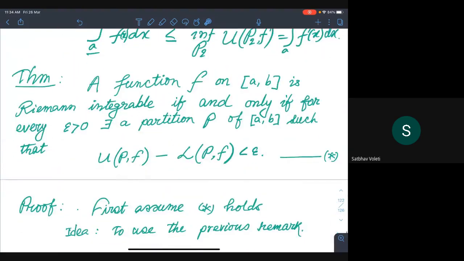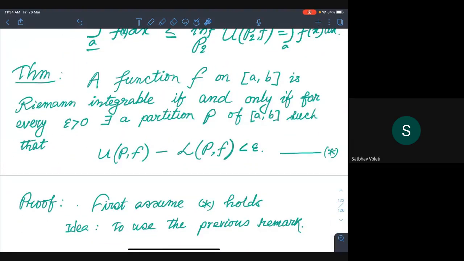So I have written this one already. A function f on AB is Riemann integrable if and only if for every epsilon greater than 0 there exists a partition P of AB such that U P f, the upper sum, minus the lower sum of that partition, is less than epsilon. All right.